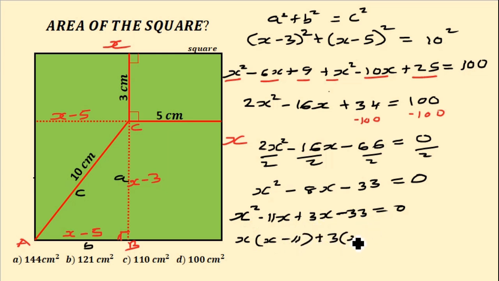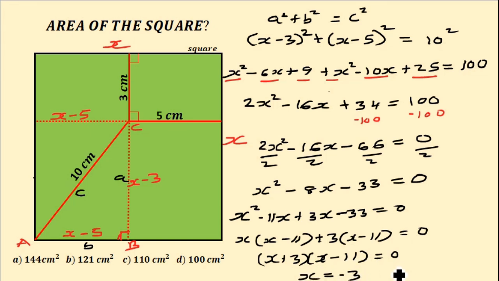If you factorize outside, you remain with x minus 11 equal to 0. So here we have (x plus 3) times (x minus 11) is equal to 0. So either the first factor x plus 3 is 0, or x minus 11 is 0. So you will get x is negative 3 or x is 11.